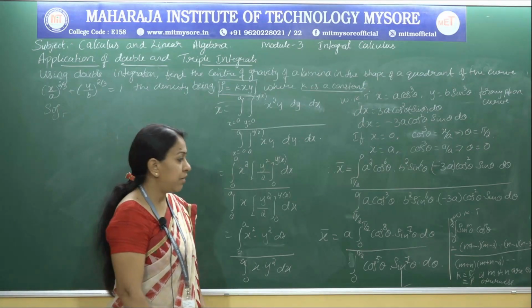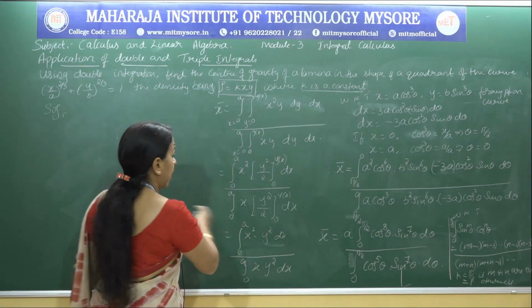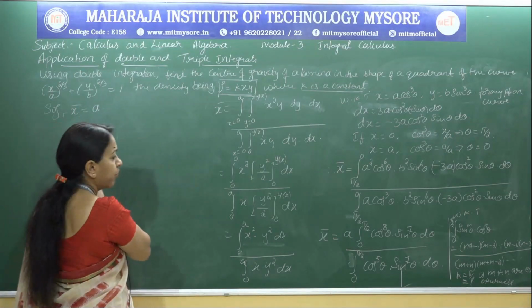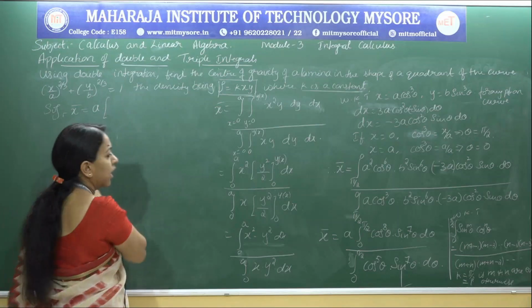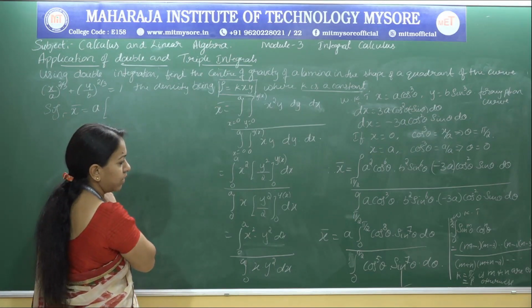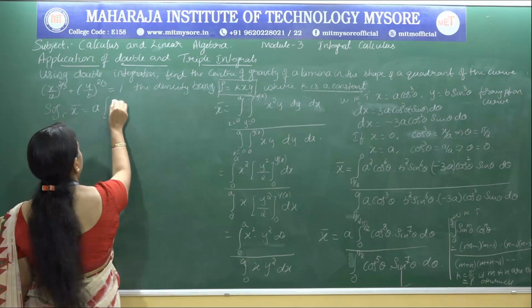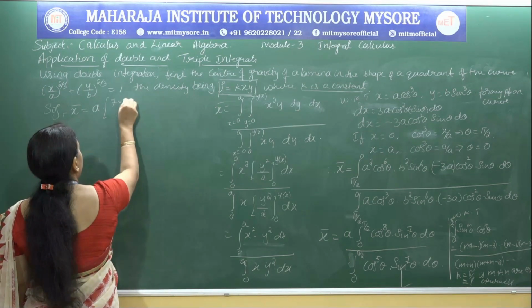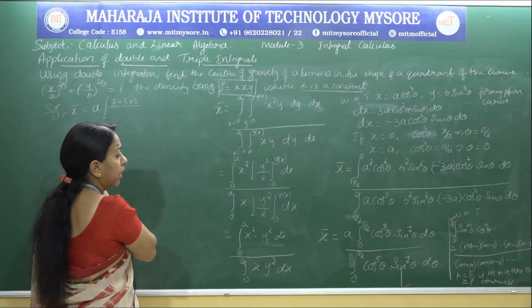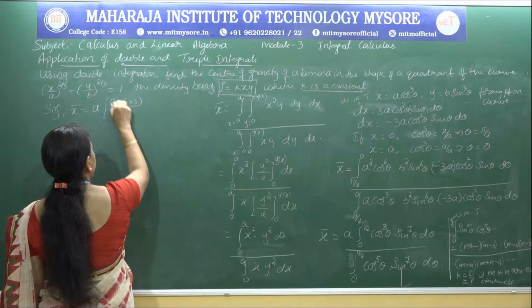So using the standard reduction formula, we have x bar equal to a into, the numerator with m is 8 and n equal to 7. So 8 minus 1 is 7 into 5 into 3, divided by, into the first part.